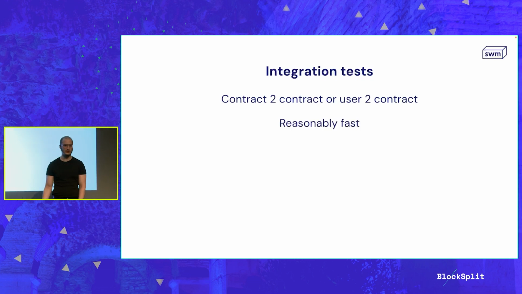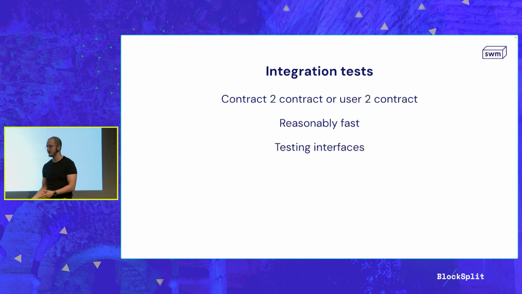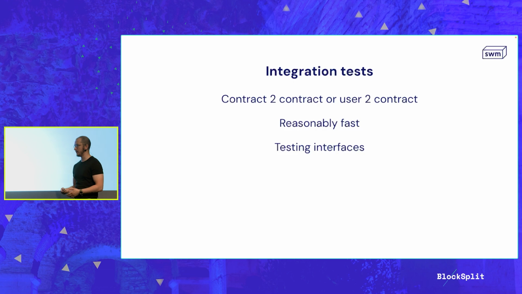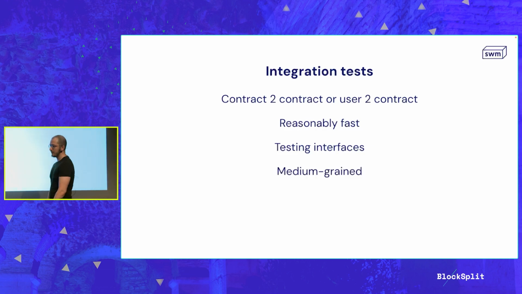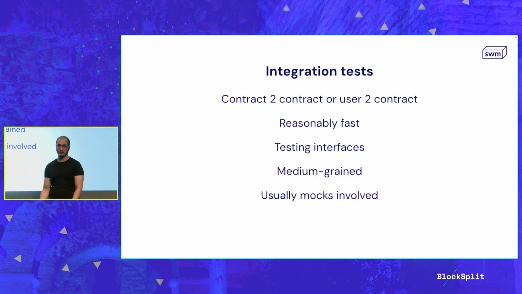They're reasonably fast compared to unit tests and the more advanced end-to-end tests. They are testing interfaces, like for example in Foundry we define integration testing as calling some interface, and then the contract calls another contract, etc. They are medium-grained, and usually there are some mocks involved because there's this contract interaction that sometimes you cannot predict. So you want to put mocks in the system.